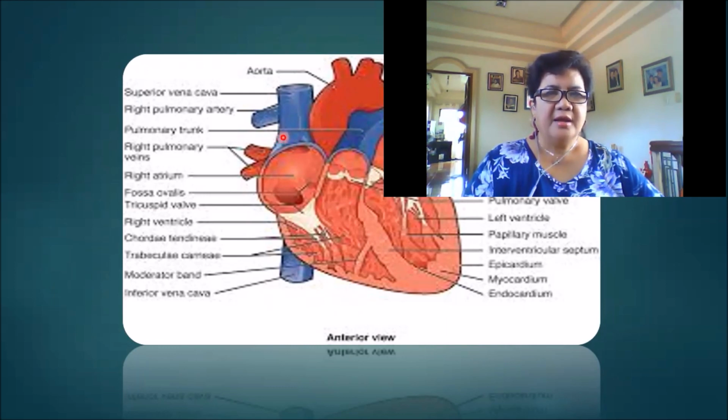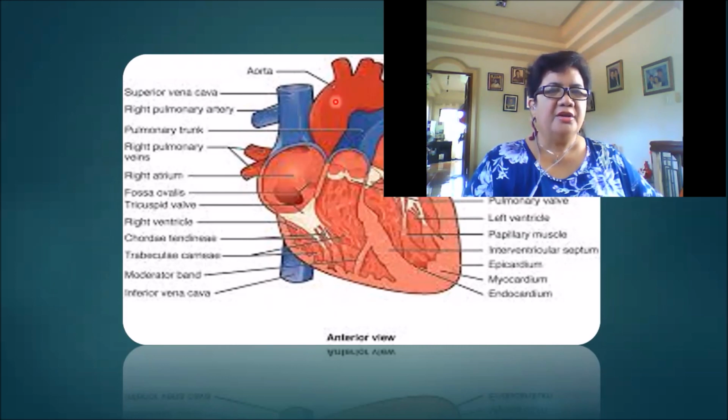You have the pulmonary trunk, this one, and it will divide into your left and right pulmonary artery, where it will go to the right and left lung. Then you have the superior vena cava and the inferior vena cava. And then you have your aorta.